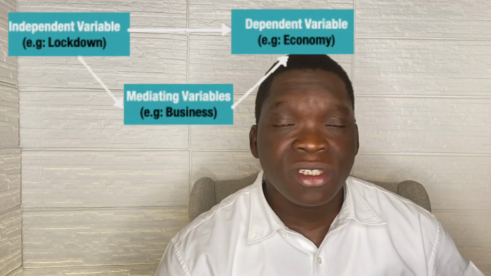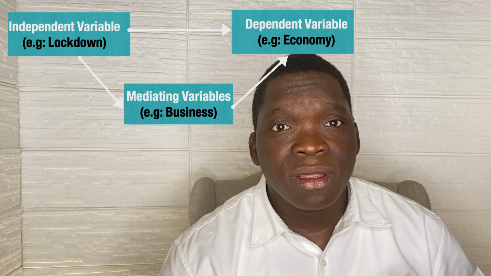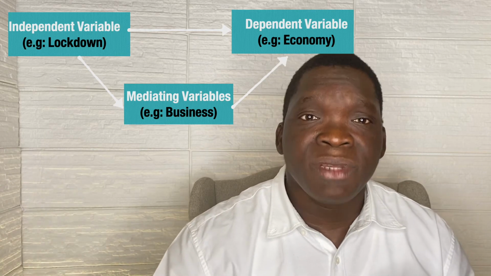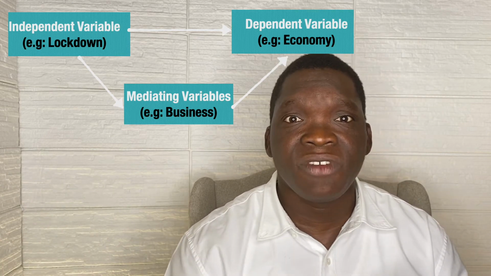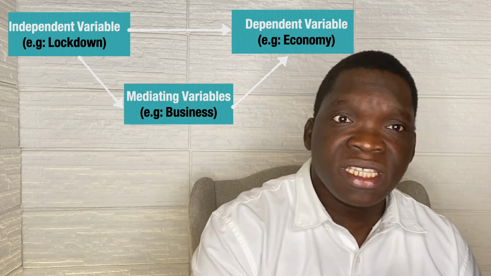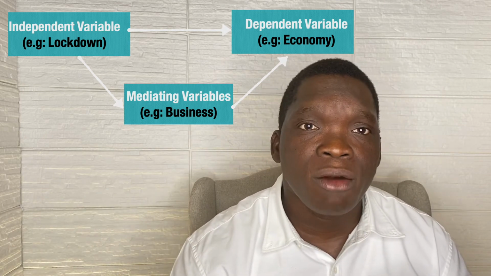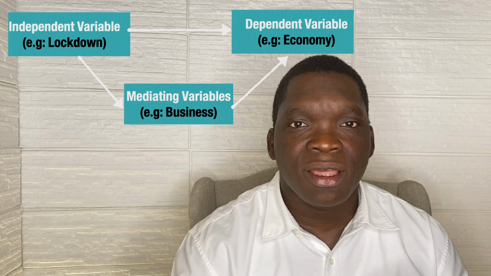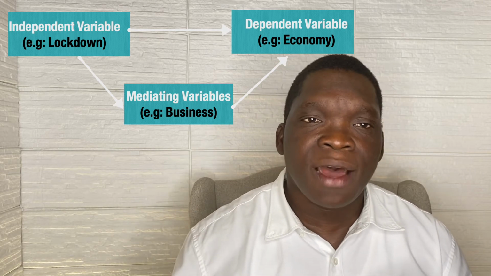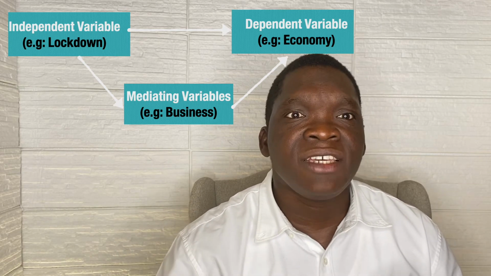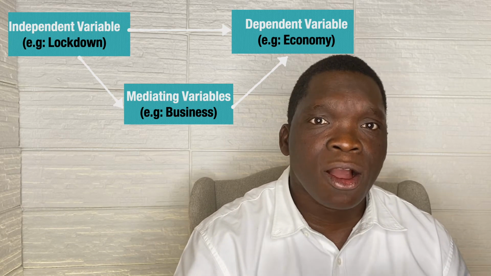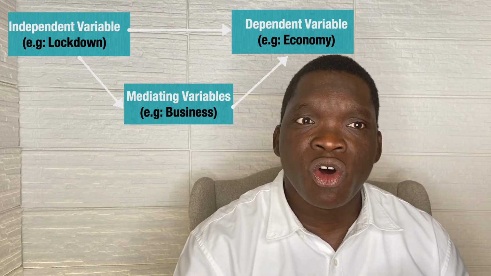If we are not concerned about economy, lockdown can be connected to business activity because lockdown affects business activity. People can't go to work, right? So that's a connection there. And if you are not concerned about lockdown, business activity and economic development are also connected, isn't it?